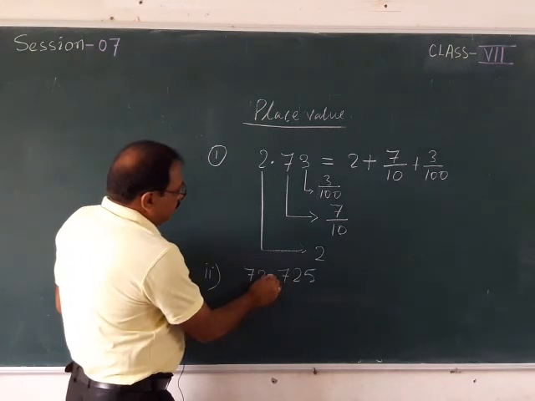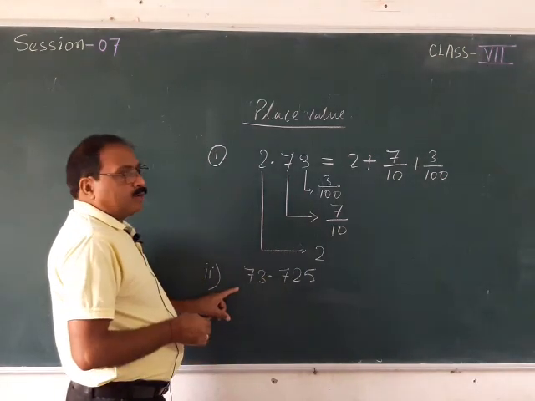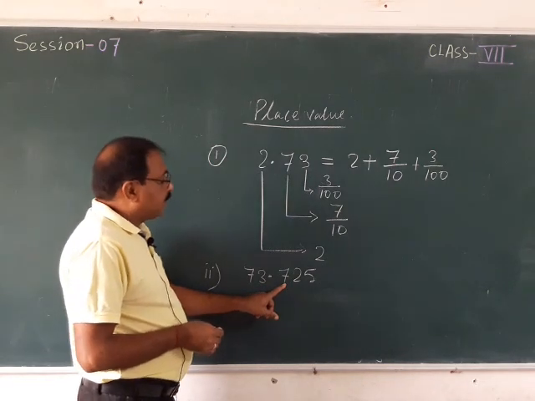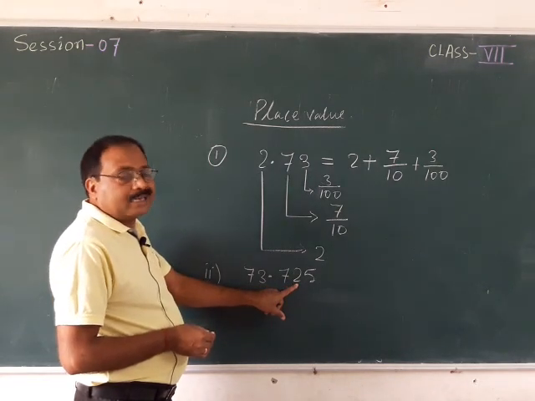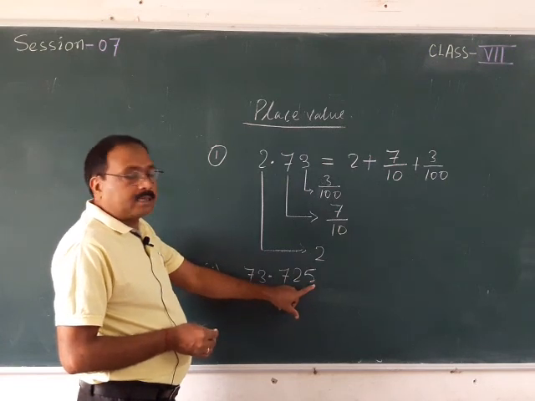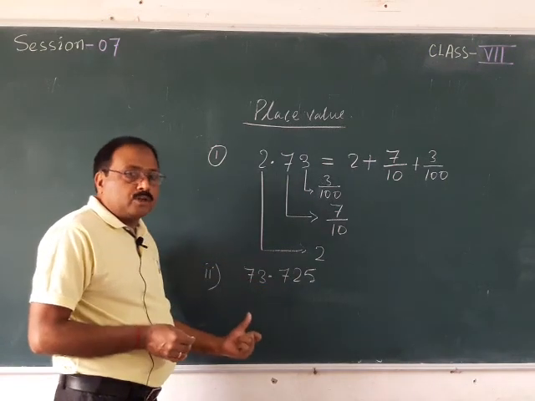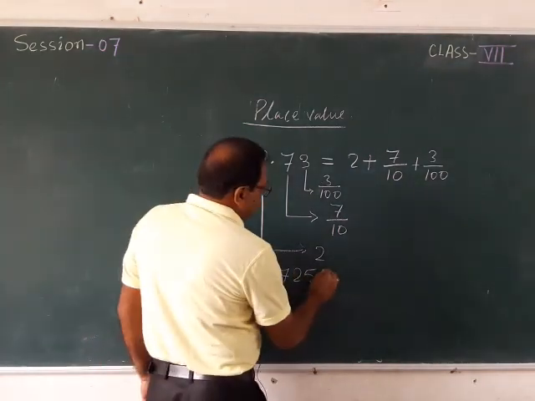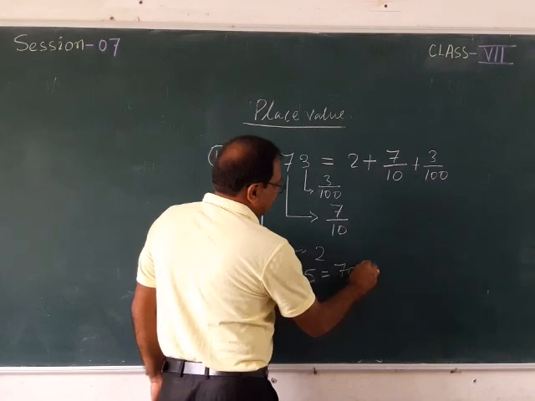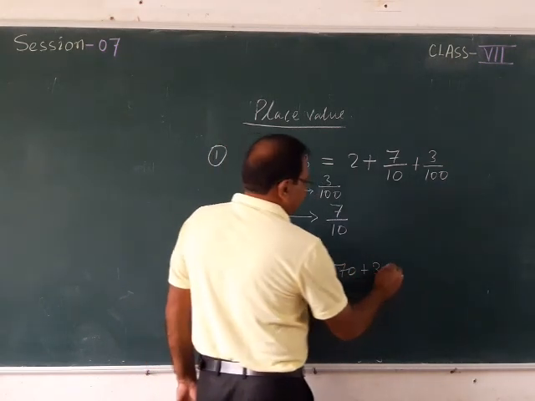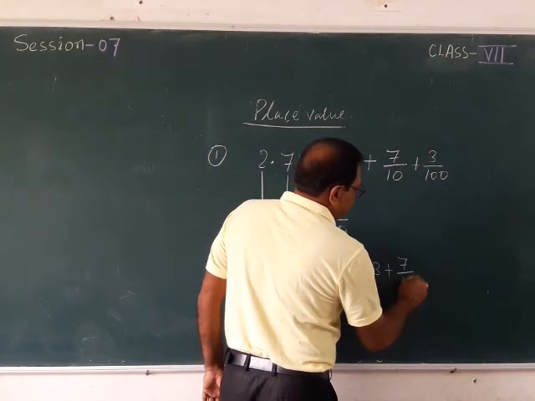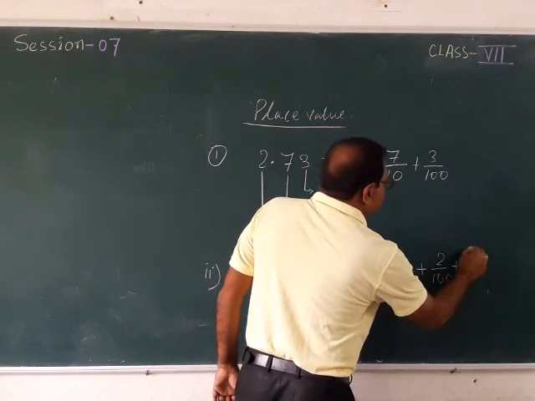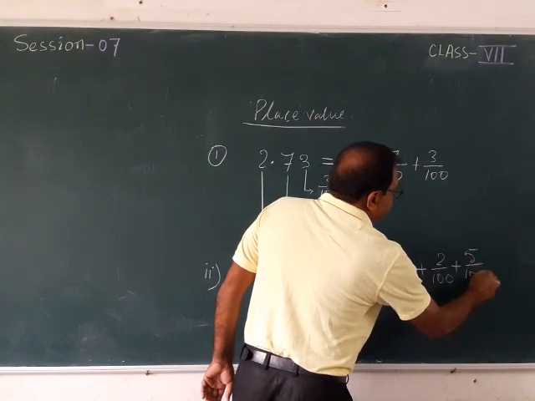Here you can see 73 is the whole number. This is the point. 9 is at the tenths place, 2 is at the hundredths place, and 5 is at the thousandths place. If I ask you to write this number in expanded form, I can write it as 70 plus 3, then 9 upon 10, then 2 upon 100, and then 5 upon 1000.